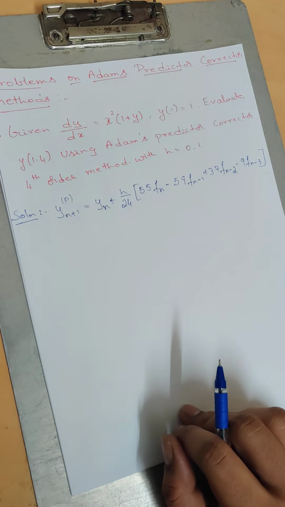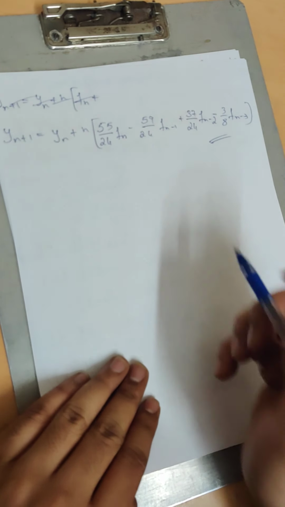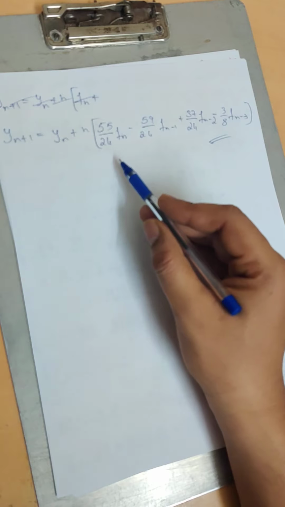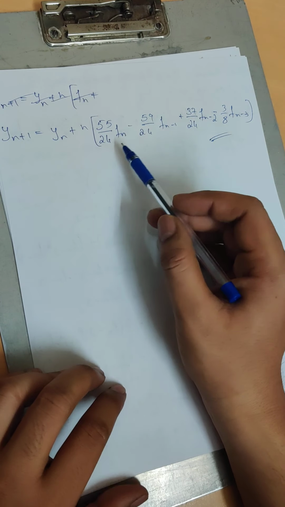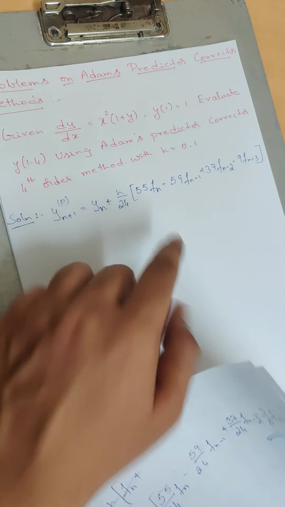So this is our predictor formula. From this we have taken out 1 by 24 as common term. So if you take out 1 by 24, we will be left with this formula.